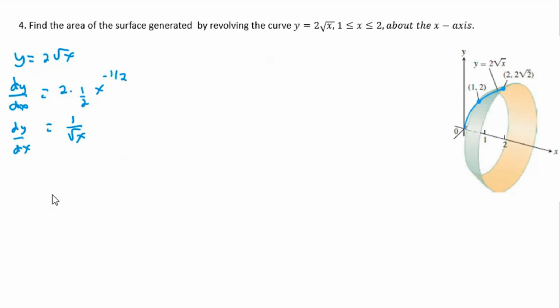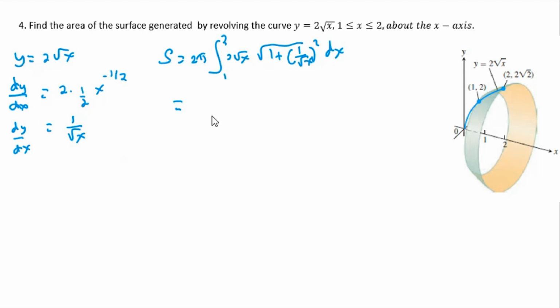After knowing the value of the derivative, we can now write the formula in finding the area of the surface. We have S equal to 2 pi times the integral of 2 square root of x times the square root of 1 plus the square of 1 over the square root of x, dx, from 1 to 2.